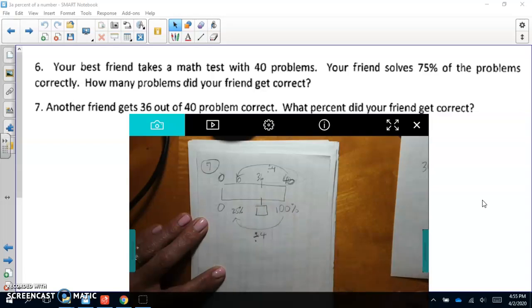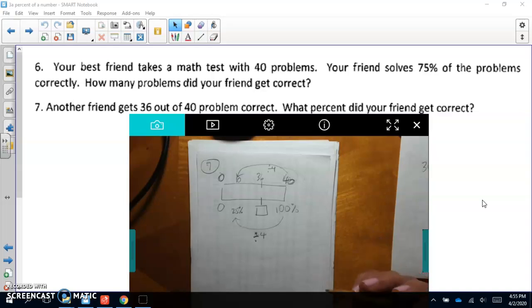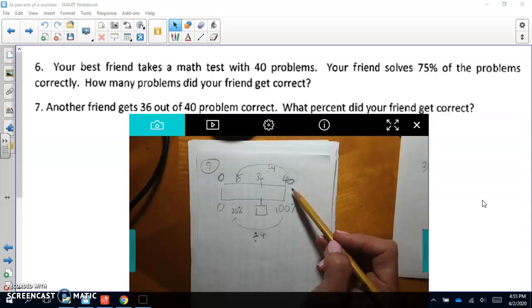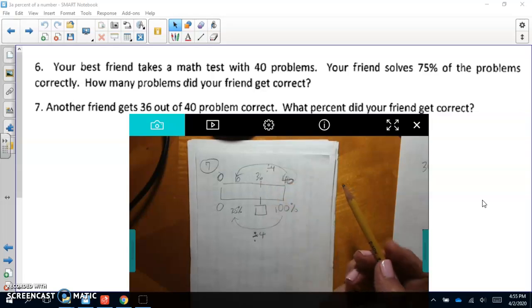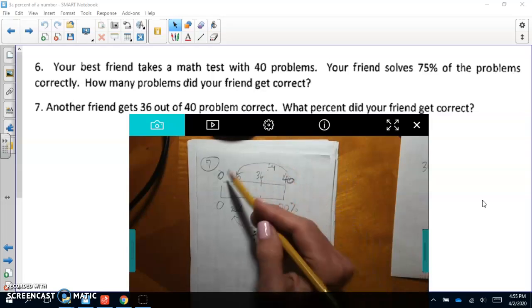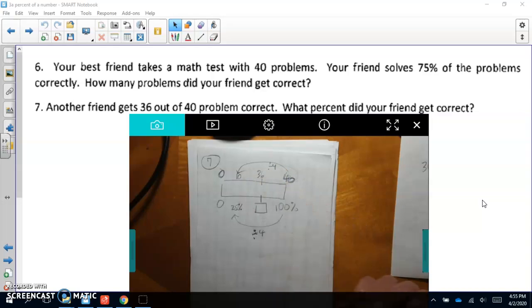Okay, and then I want to try to get from 10 to 36. That doesn't really work too well either. Let's see, what else do they have in common that I could divide by? Let's see, 40 and 36. We said 4. We want to get to 4, so we could divide by 10 maybe?